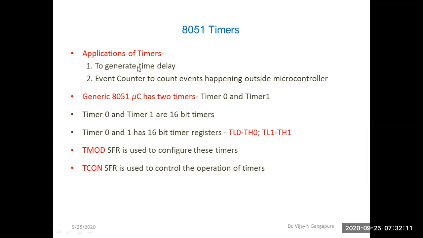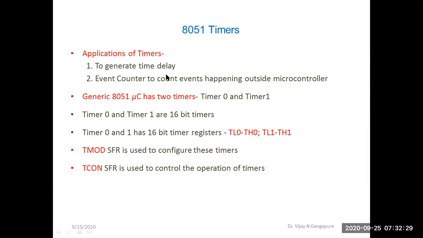So what is the application of timers available in the 8051 microcontroller? That is the main thing. There are only two applications we can use timers for. First is to generate time delay of precise time duration.